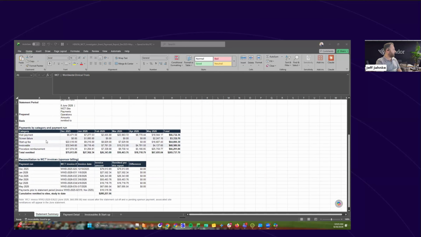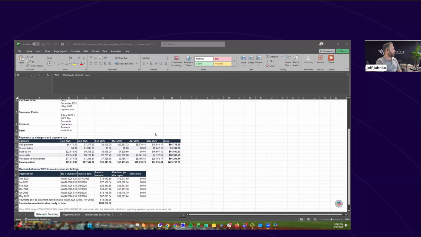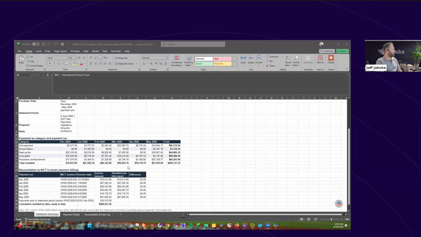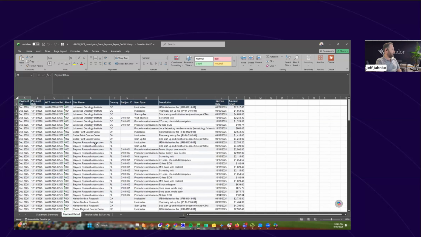What you can see here is a summary of the different payments that have been submitted to sites for various screenings, invoice visit payments, the payment run, essentially what the invoice amount was to the sponsor. We've also got payment detail, which if you're able to get a hold of this is kind of the holy grail that unlocks the ability to do a more granular reconciliation.